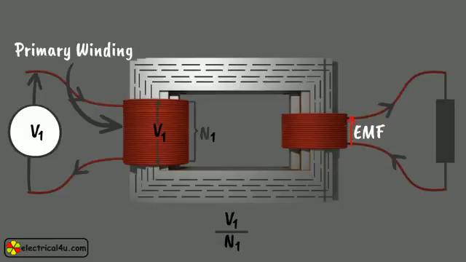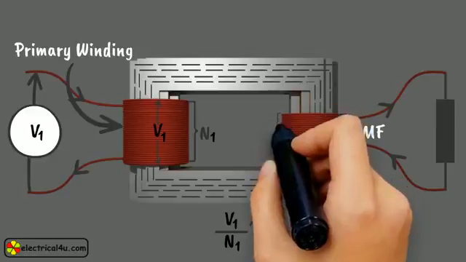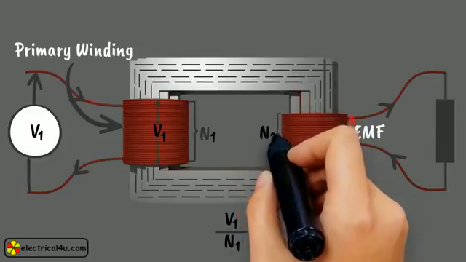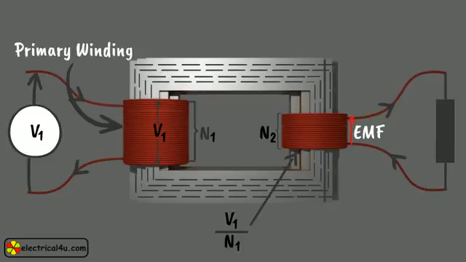So far, we have understood that exactly this V1 by N1 voltage will appear across each turn of the second winding. So if this second winding has N2 number of turns, then total voltage across the second winding is N2 into V1 by N1, and let us say this is V2.